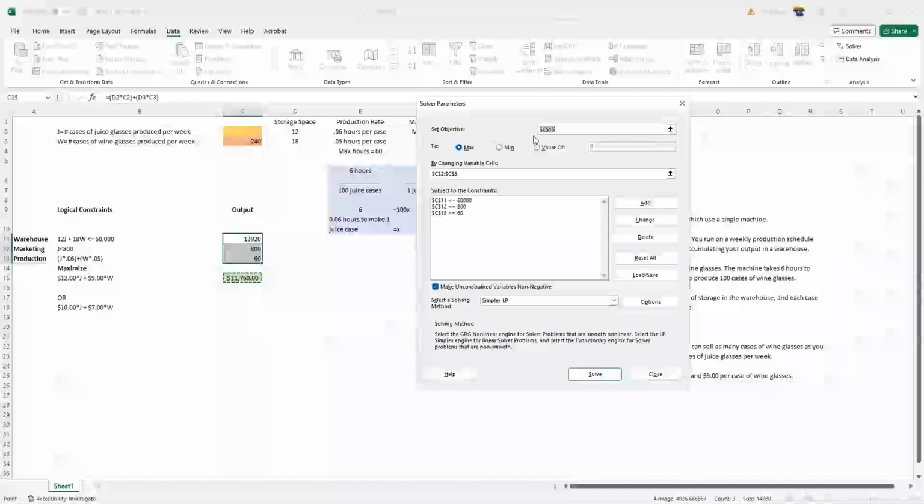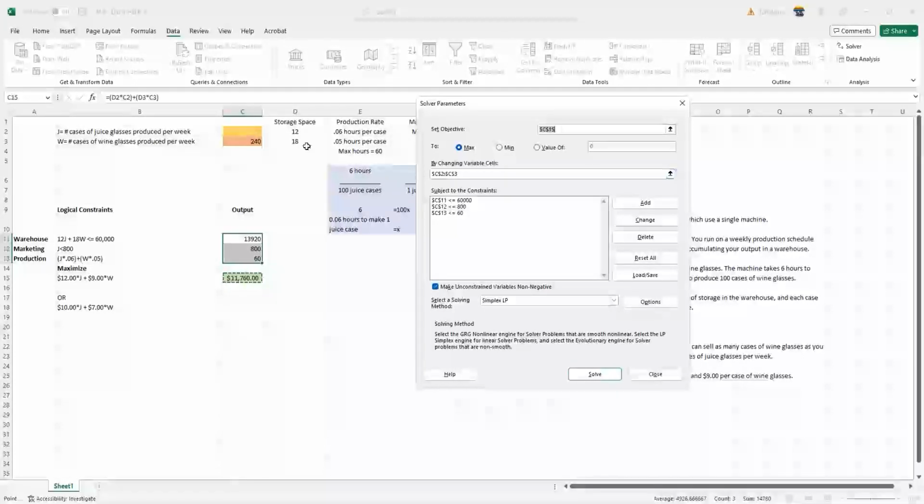The set objective cell is the maximum amount of money that we can make in this factory given these three parameters. So where is that formula? Right down here, C15. By changing variable cells, well, we have two variables, juice and wine, and those variable cells are C3 and C2.